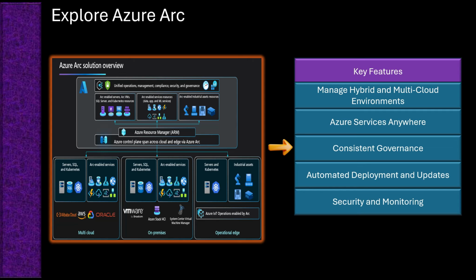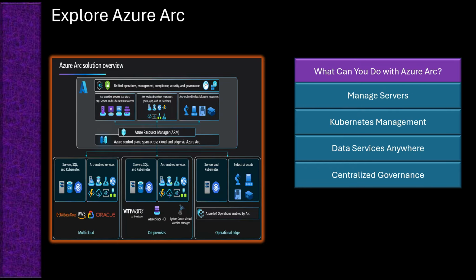You can use Azure governance tools like Azure Policy and Azure Role Based Access Control for all your resources, regardless of where they are. Azure Arc integrates with Azure Automation and GitHub to deploy and update resources across environments consistently. And you can extend Azure security tools like Microsoft Defender for Cloud and monitoring capabilities to non-Azure resources.